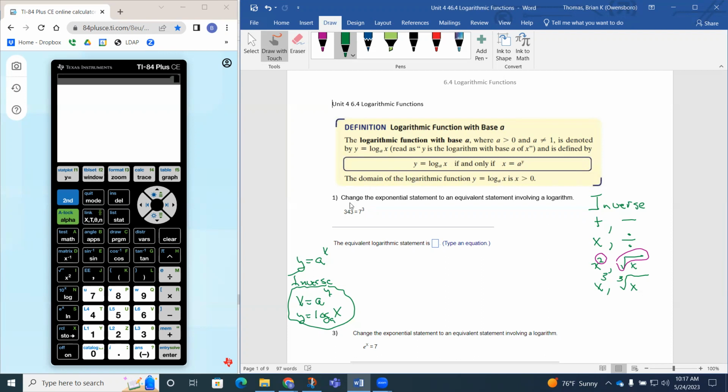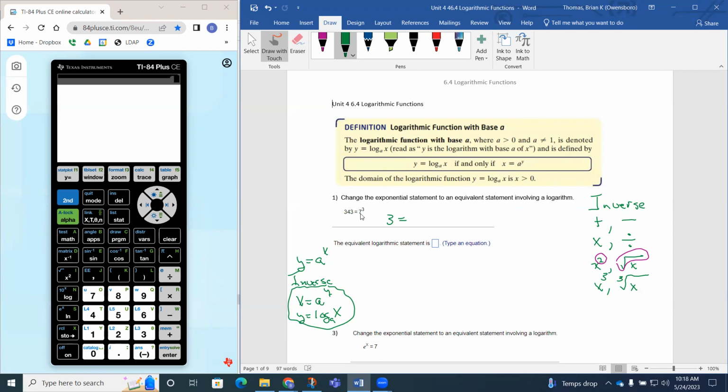Anyhow, we want to change the exponential statement to an equivalent logarithmic statement. Since this is an exponential statement, we want to change it back into a logarithmic statement. Notice that the y is the exponent, so the 3 comes down on one side by itself, and that's going to equal a to the y.